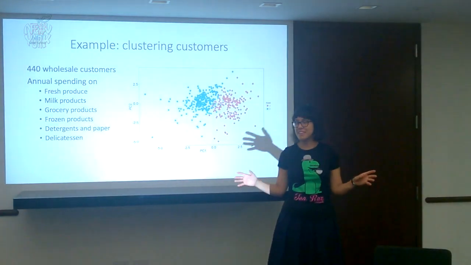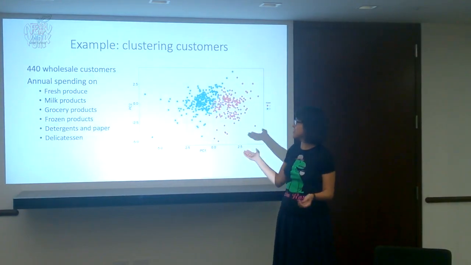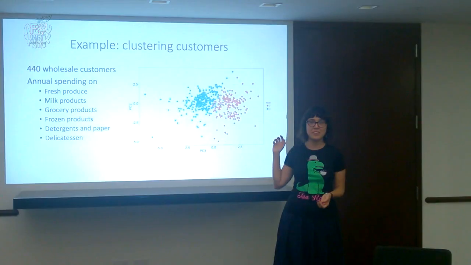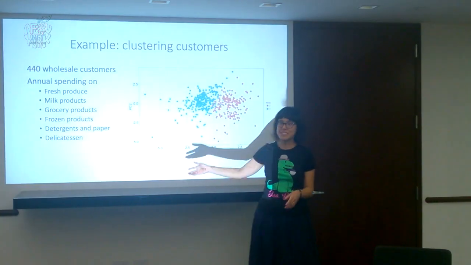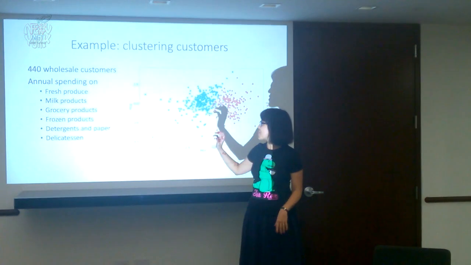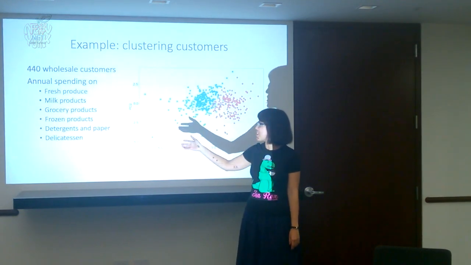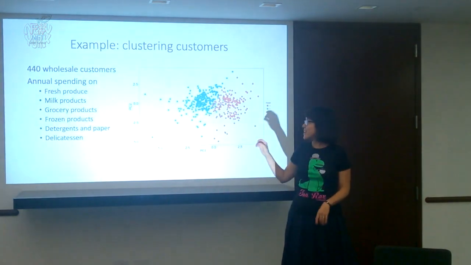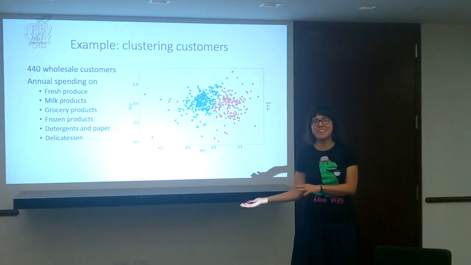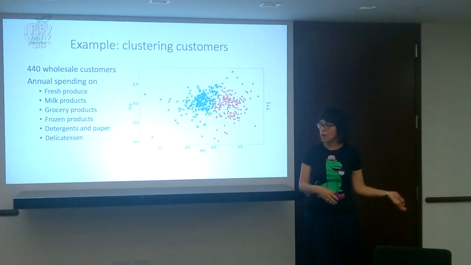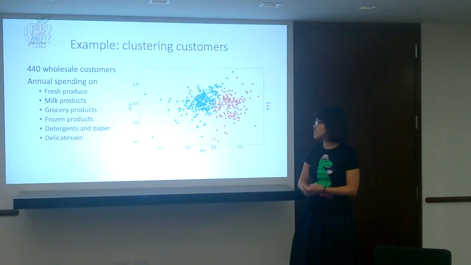In a normal setting in machine learning, clustering can be used, for example, to cluster customers. This is an example of a simple small data set. It contained 440 wholesale customers, and those customers were restaurants, cafes, hotels in Portugal, I think.